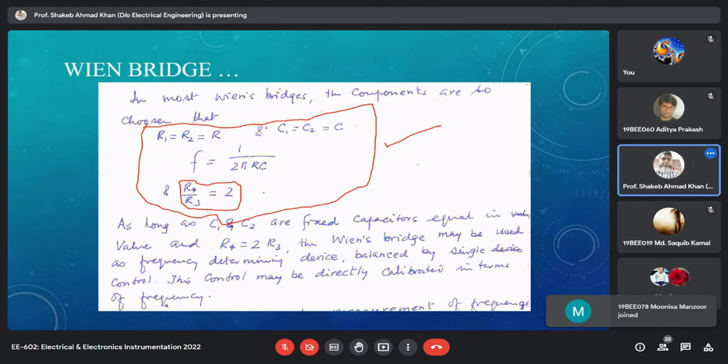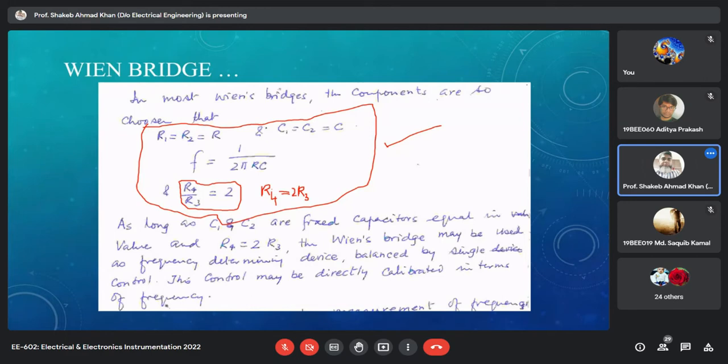Then you see that it gives one more condition: R4 should be equal to twice of R3.